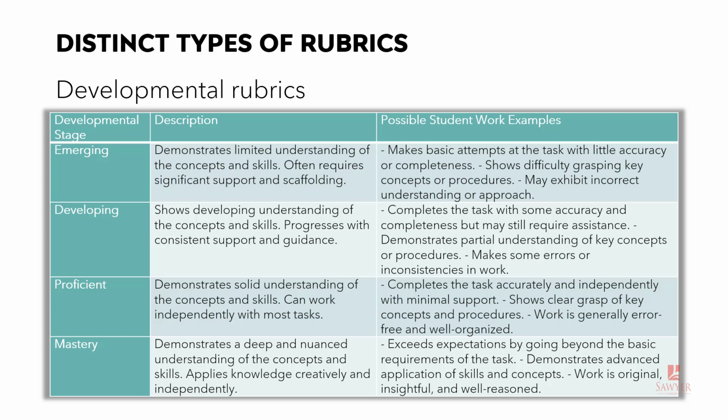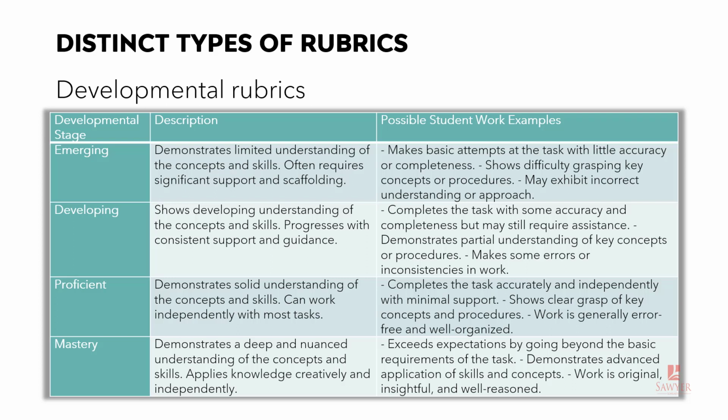And then we also have developmental rubrics. For developmental rubrics, we can go with developmental stage over on the left. You can come up with different wording if you want to, but in this case, we have emerging, developing, proficient, and mastery.